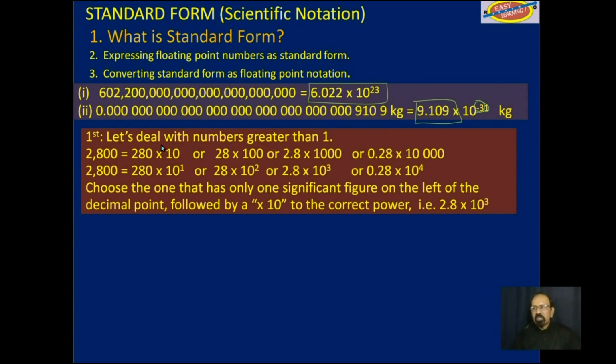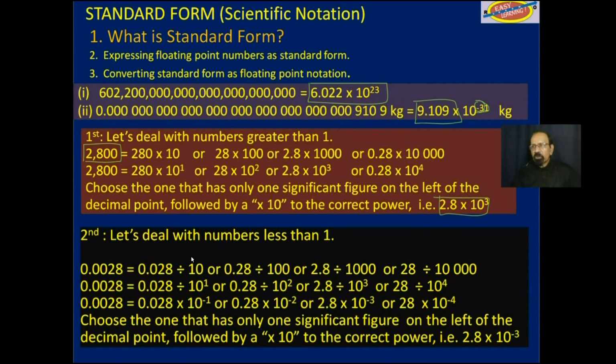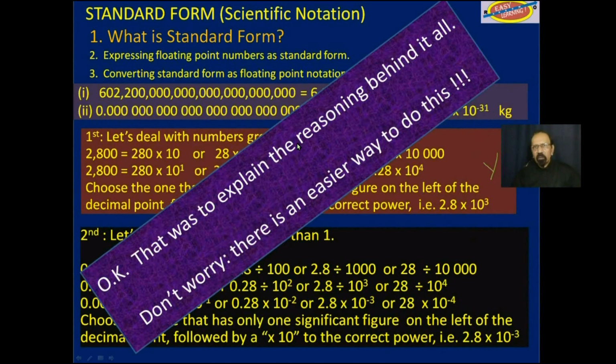And remember, we just discussed how 2,800 can be expressed as 2.8 times 10 to the third power, and also how 0.0028 can be expressed more conveniently as 2.8 times 10 to the negative third power. What you see on the slide here and here was to explain how you move from a floating decimal point notation to standard format or scientific notation. There is a much easier way.